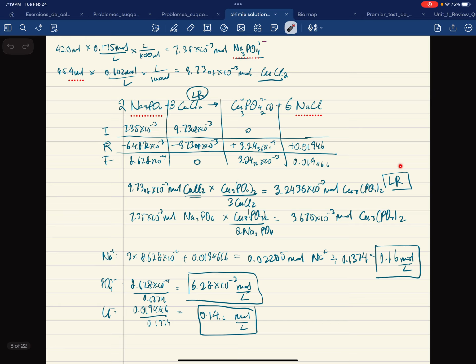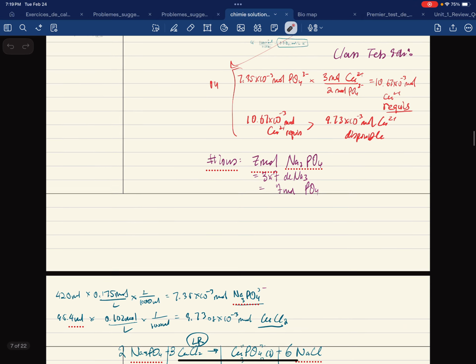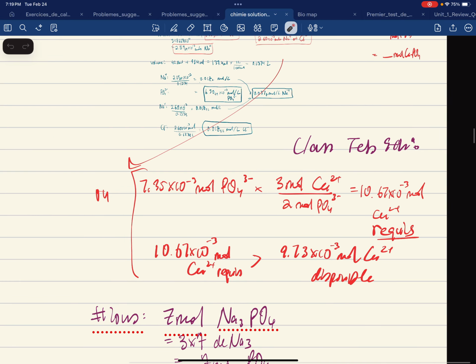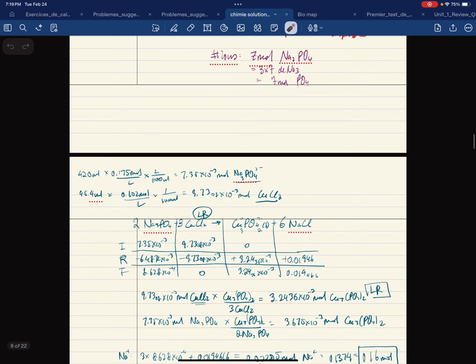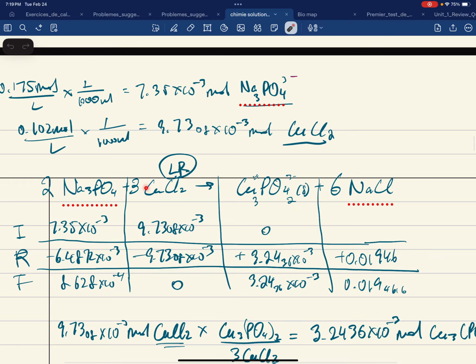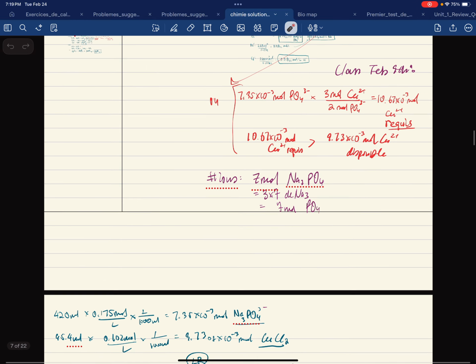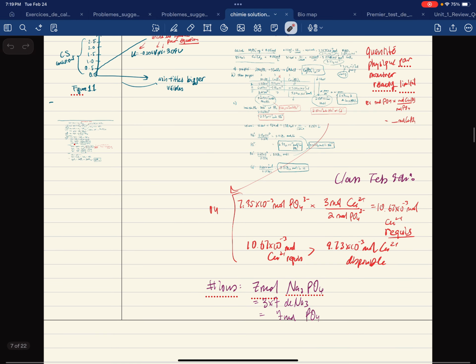And then you have to find what is the limiting reagent. And the limiting reagent, there's a special way to calculate it, which is by doing this. So right now we have this amount of initial PO43-, and that is from making this graph. But in the tableau here and the label over here, you just need to write the ions that are actually doing stuff, not the entire molecule.